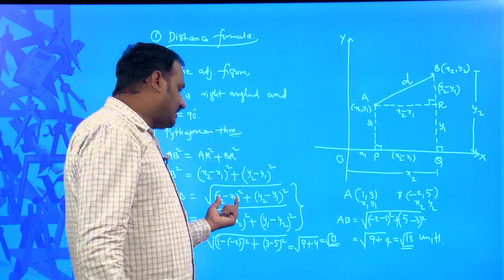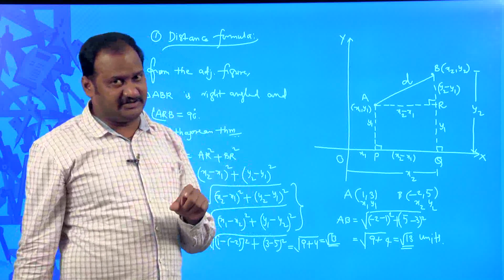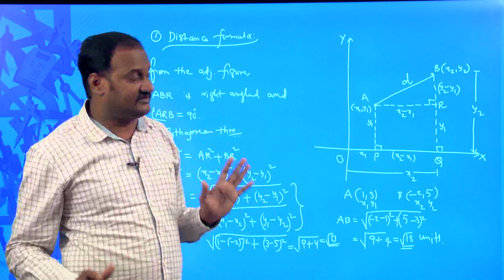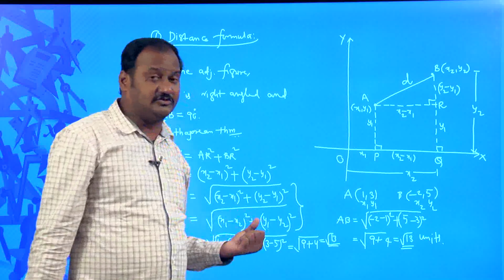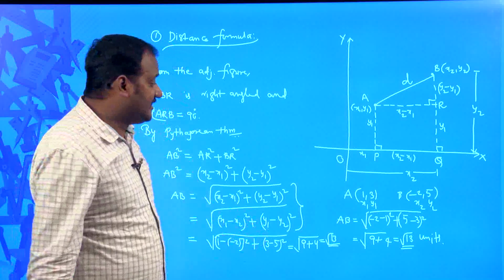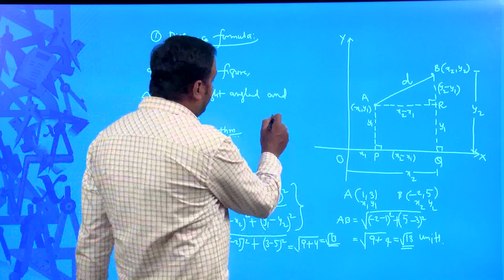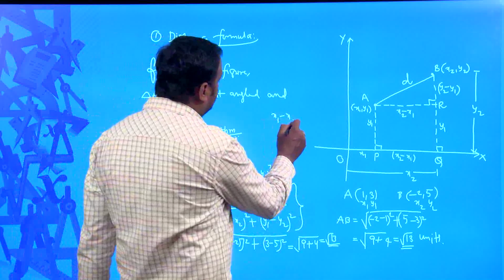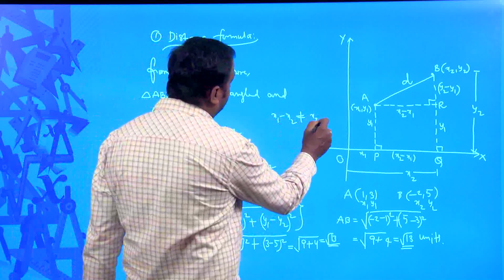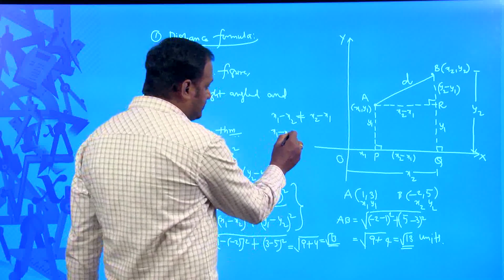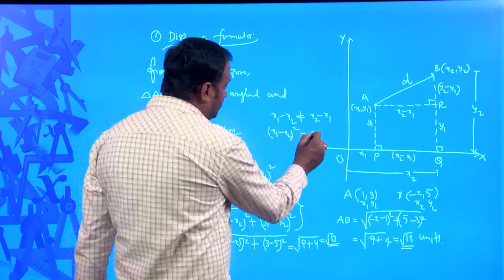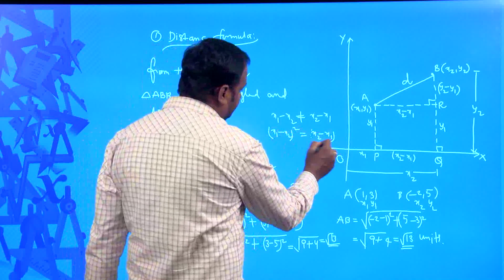So, the square of a negative number or positive number remains unchanged. That is why x2 minus x1 whole square and x1 minus x2 whole square are both the same. But remember one thing in your mind, that x1 minus x2 is not always equal to x2 minus x1, but x1 minus x2 whole square is always equal to x2 minus x1 whole square.